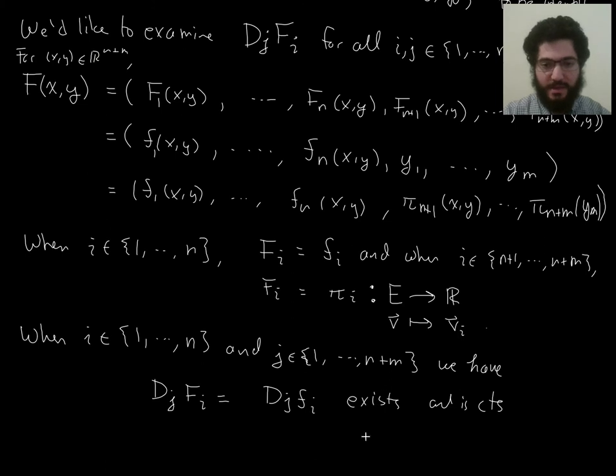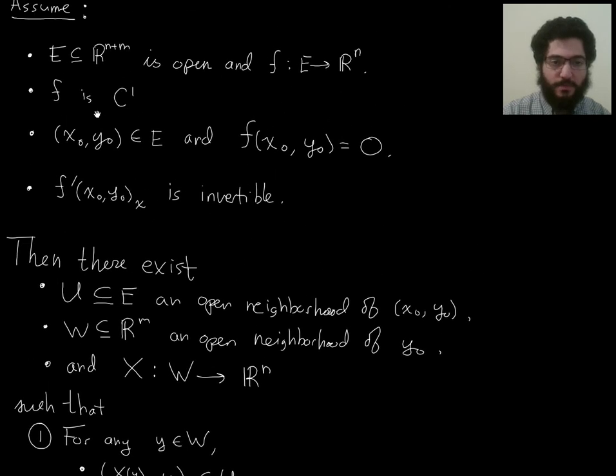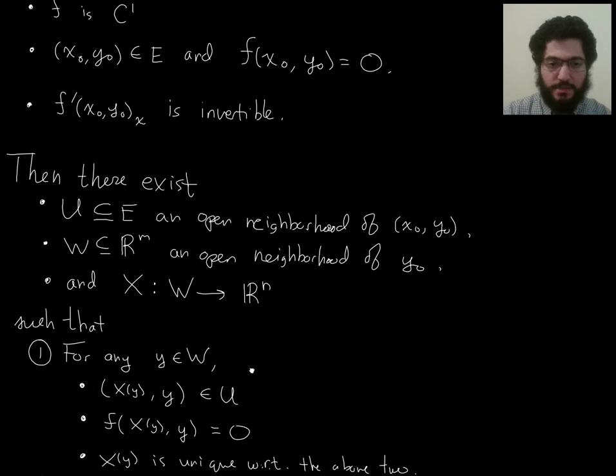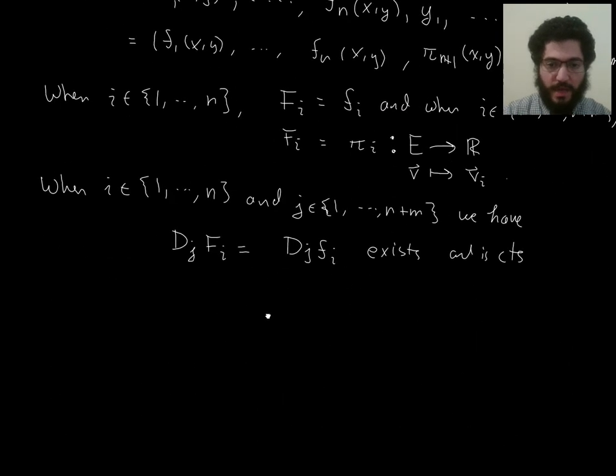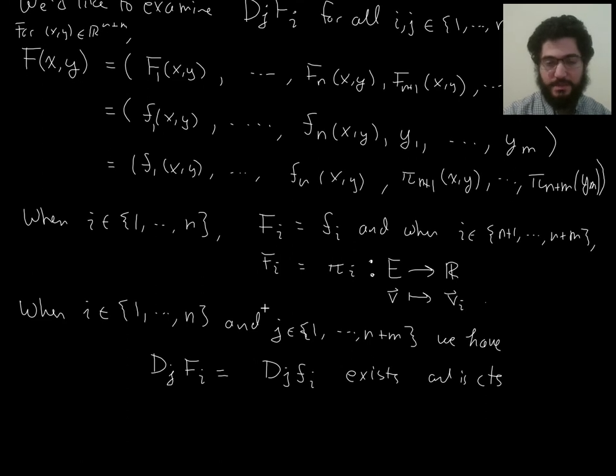So where am I getting that this exists and it's continuous? Remember, we assumed f is C1, right? F is C1 on its entire domain. So that implies that the partials of f exist and are continuous. That's not the definition of C1, but it implies it, thanks to, I guess we're also using Theorem 9.21 for that. Theorem 9.21 is an if and only if.